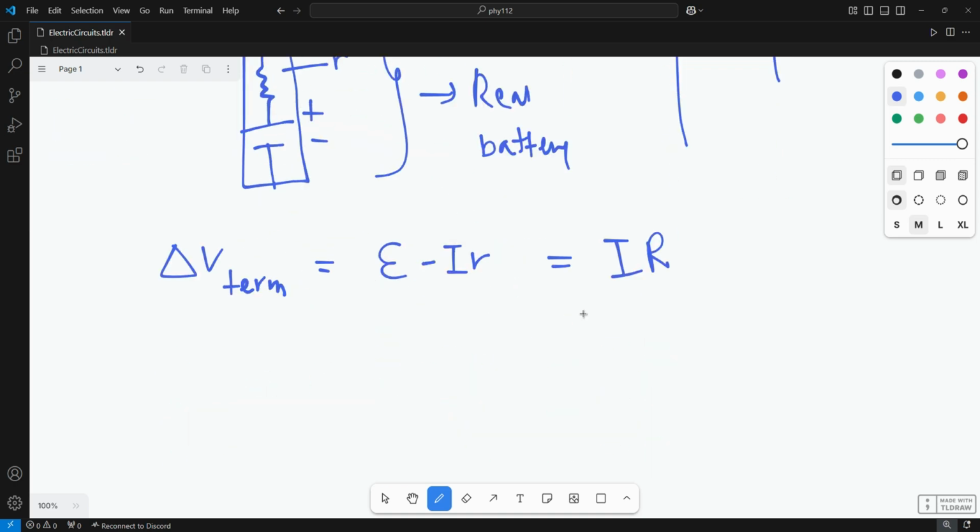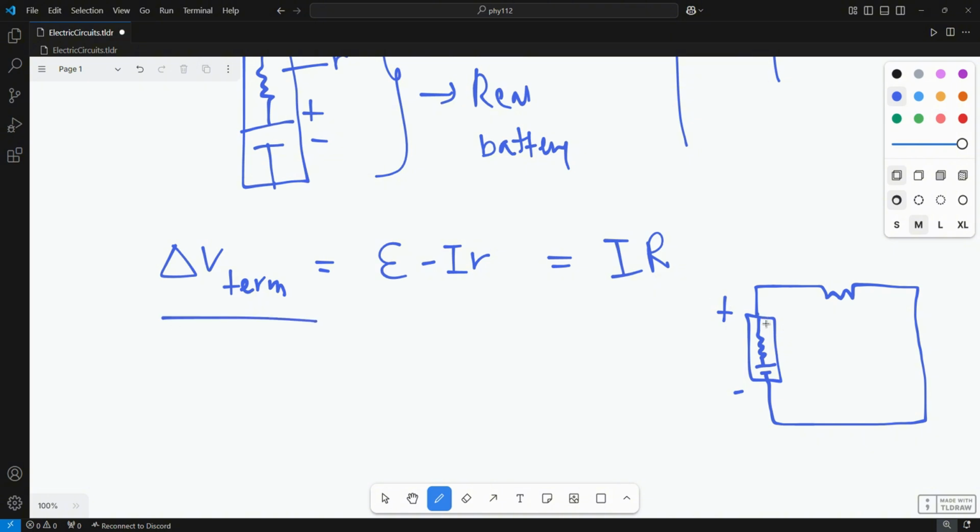Why is it so? Because if you consider a real battery, let me draw a quick figure of a real battery, with a positive terminal and a negative terminal. If we just connect one resistance over here, this is the positive end, this is the negative end. The potential stays the same here because this is a node.